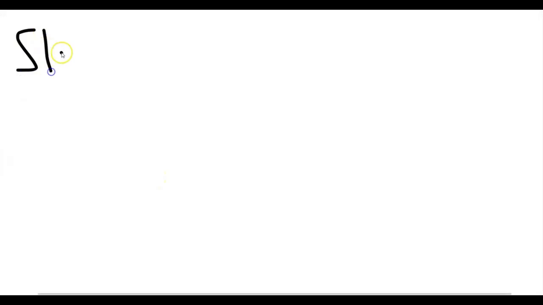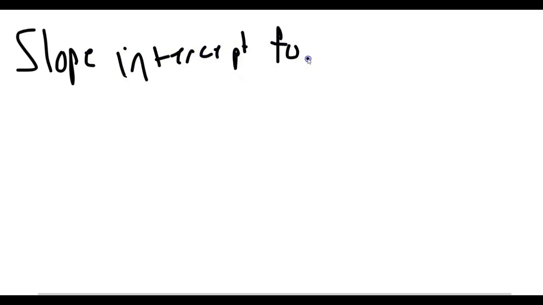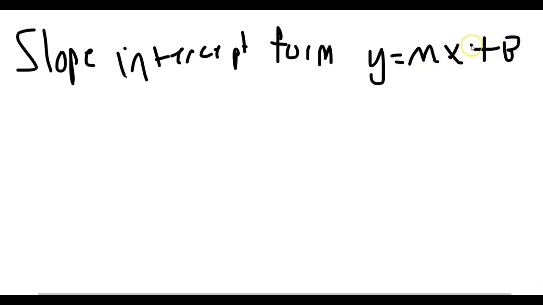There is something called the slope-intercept form, and it is y equals mx plus b. So in y equals mx plus b, m is the slope and b is the y-intercept.